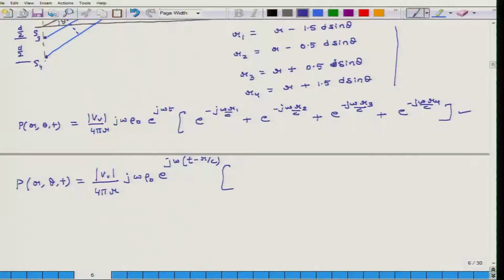If I define omega d sin theta over c as alpha, and I plug this relation and these relations into this overall equation, then what I get is e to the power of j 3 alpha plus e to the power of j alpha plus e to the power of minus j alpha plus e to the power of minus 3 j alpha.